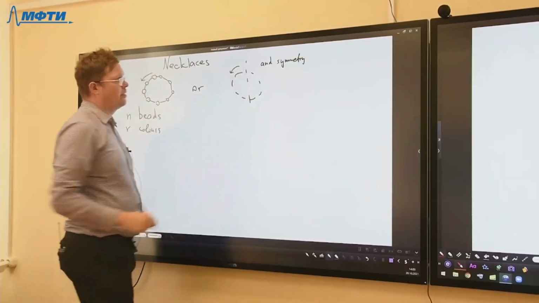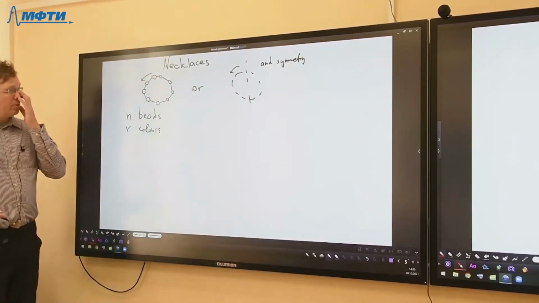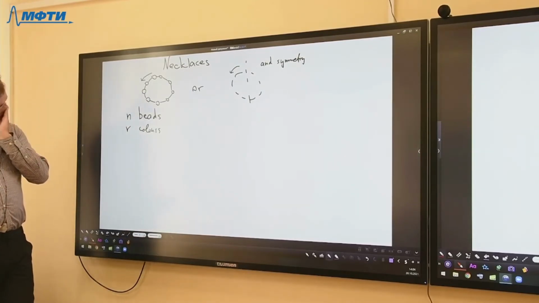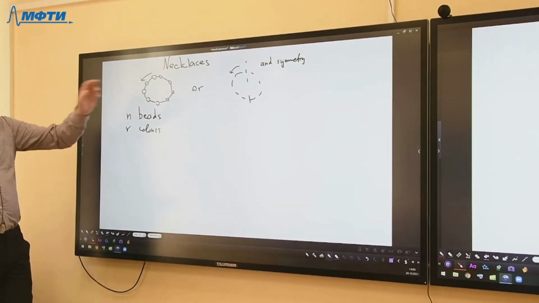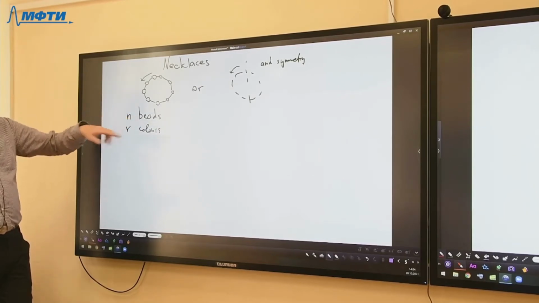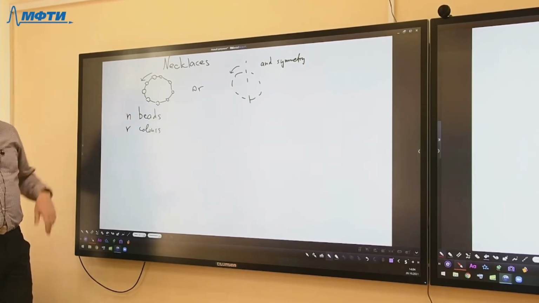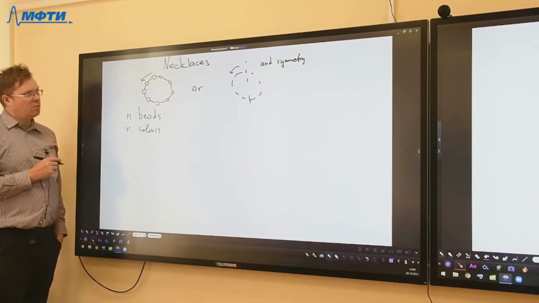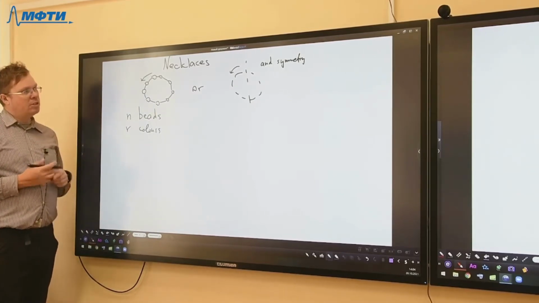The second is a little bit harder because we need to be careful about the symmetries. So we start from the simplest example. We have necklaces, we have n beads, we have our colors, and we want to color them and count all distinct necklaces that we can get.